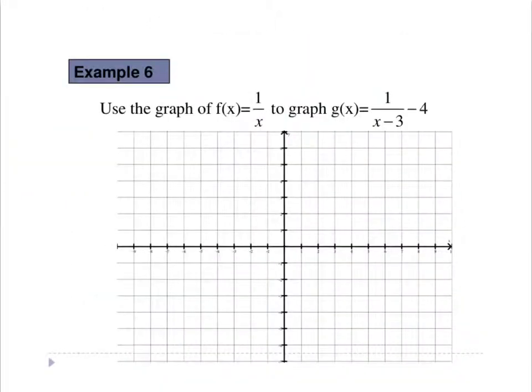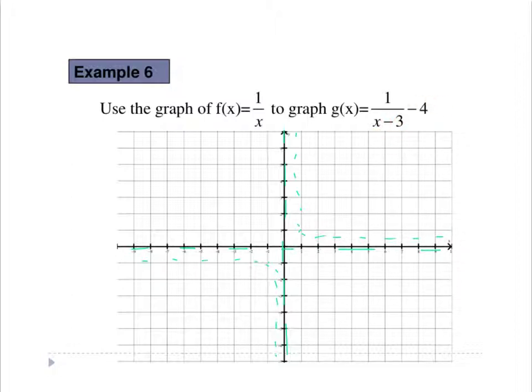Alright, so let's do our sequence of transformations for this parent graph. Let's just quickly create the graph of that parent that exists right here. And I know it's at 1, 1, negative 1, 1. So I'm just going to create a curve ever so lightly. And how is this graph moving? To the right 3 and down 4.